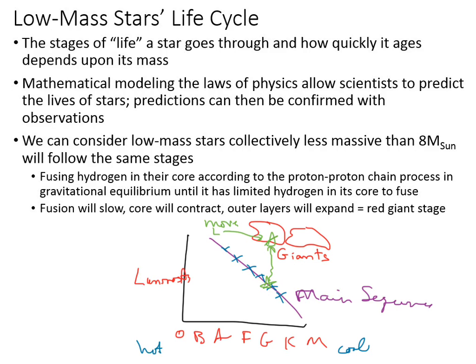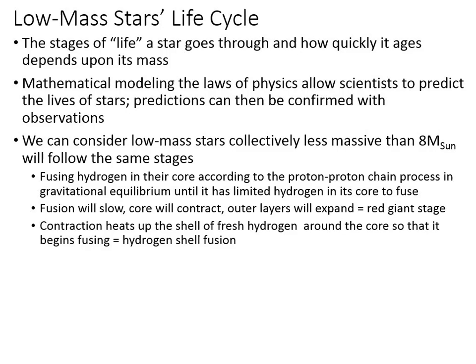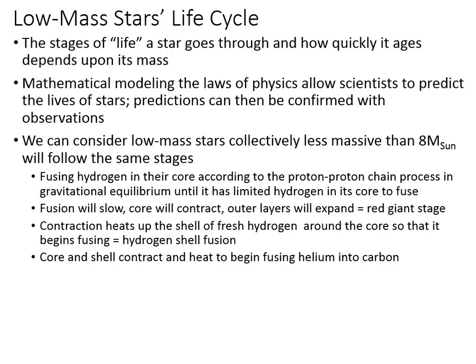Actually, it's probably going to go more like here. It's going to increase luminosity, and it's going to be cooler, because it moves that way. So anyway, that is the red giant stage. I have a figure coming up to show you what I mean by shell hydrogen fusion. That's what happens after it swells.